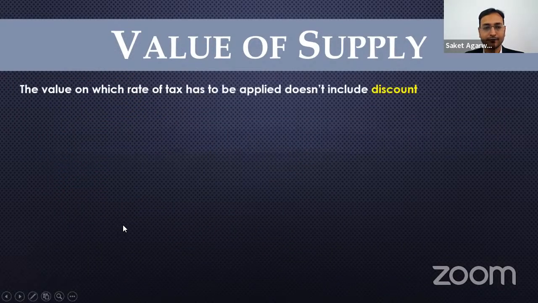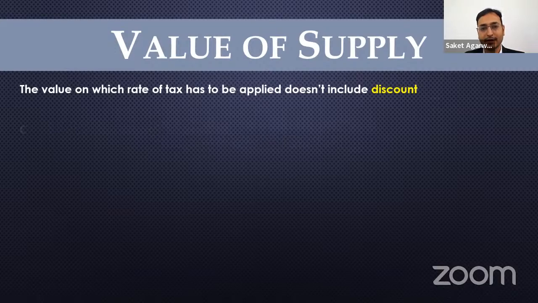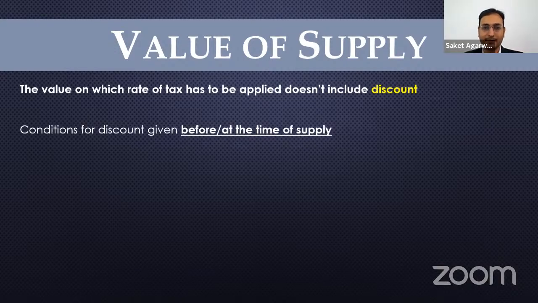Okay. Discount. Now there are two possibilities for discount. First possibility is discount is being given at the time of sale itself. When the sale is happening, the seller is saying, you have done shopping for a lot of value. You have picked up 10 things, so I'm giving you 20% discount.